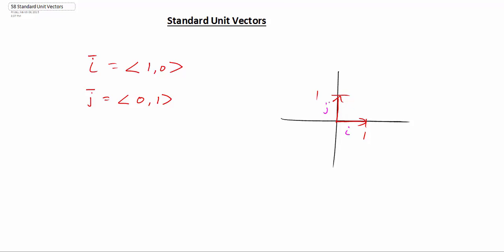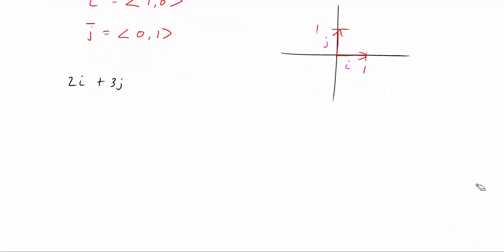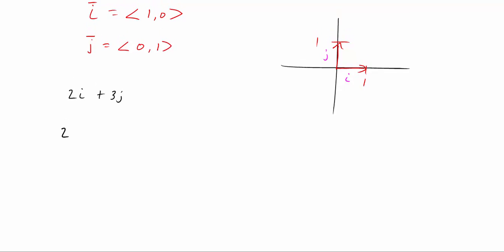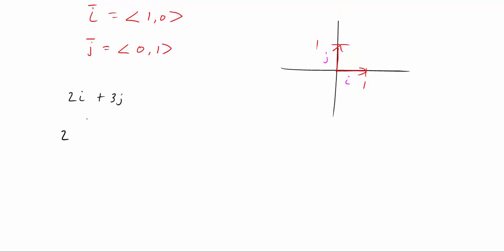What that really means is if I was to write, for example, 2I plus 3J, then we would have 2 multiplied by I, where I represents the vector (1, 0).